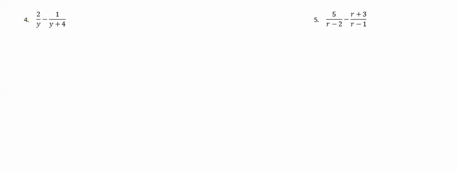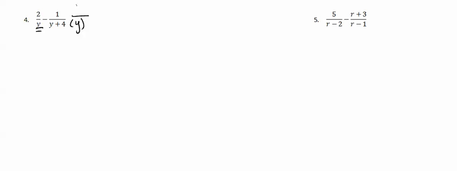Now the way that that's going to help us is once we get the LCD and we put it into each fraction, that will help us to either add or subtract accordingly. So if we look at number 4 here, 2 over y minus 1 over y plus 4, they clearly have different denominators, but I can't factor them. So what I want to do is I want to put a y on this side because there's a y here.